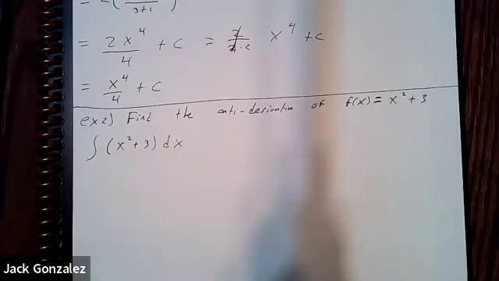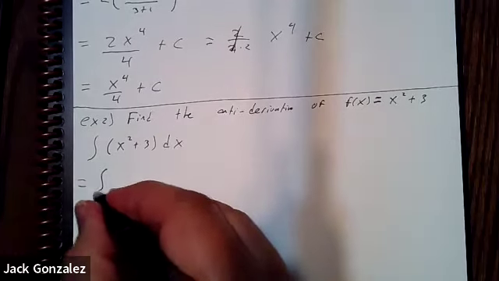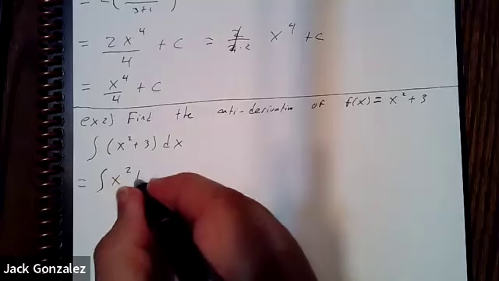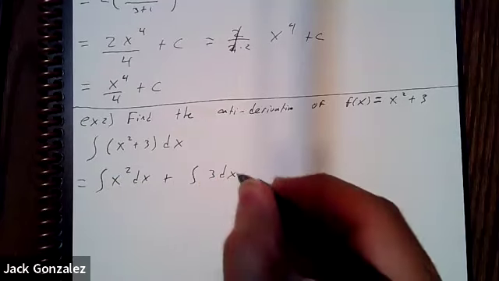So they want us to do this. Remember, rule 4 said we can separate these and do 2 separate parts. So this is the same as saying the integral of x squared dx plus the integral of 3 dx.